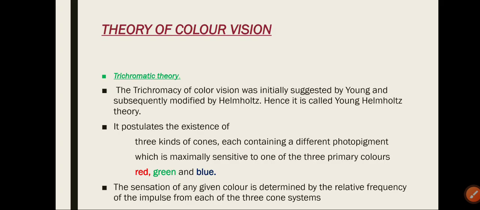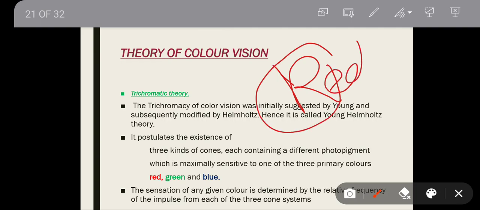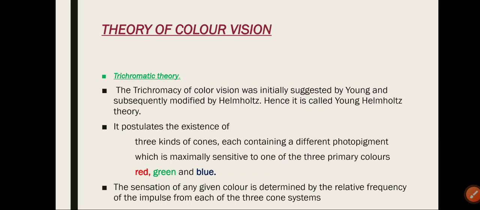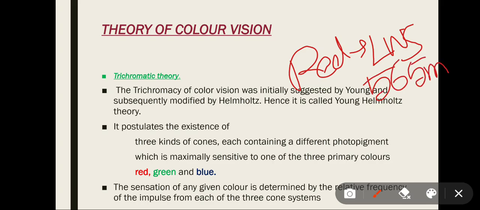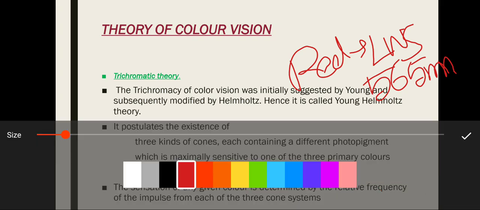The red sensitive cone pigment is also known as erythrolabe, or long wavelength sensitive cone pigment, LWS. It absorbs maximally in the yellow portion with a peak of 565 nanometers, but its spectrum extends far enough into the long wavelengths to sense red. Then we come to the green.